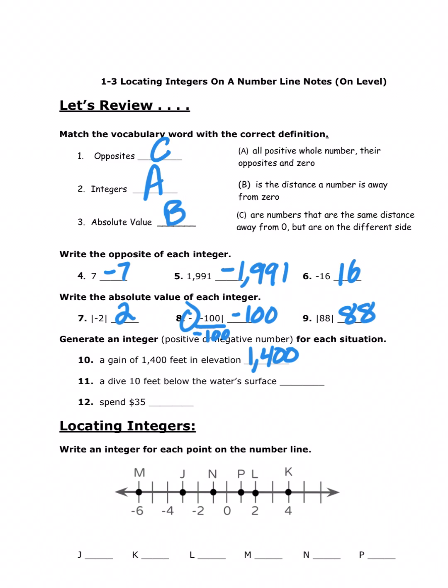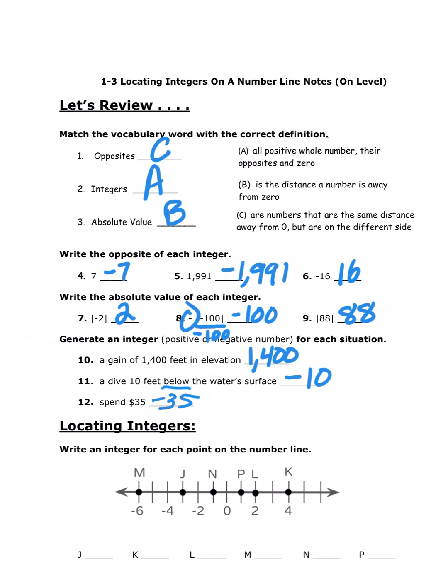Now on 11, if we dive 10 feet below the water surface, that would be a -10 because we went below the surface. And for number 12, if we are spending $35, that's $35 that's being taken out of our bank account. That's a -35.